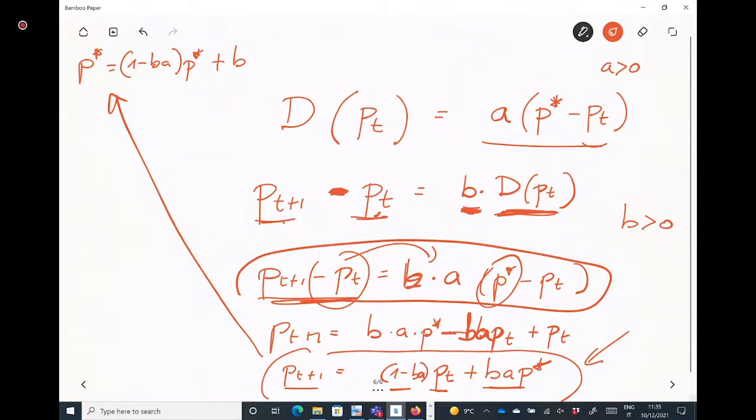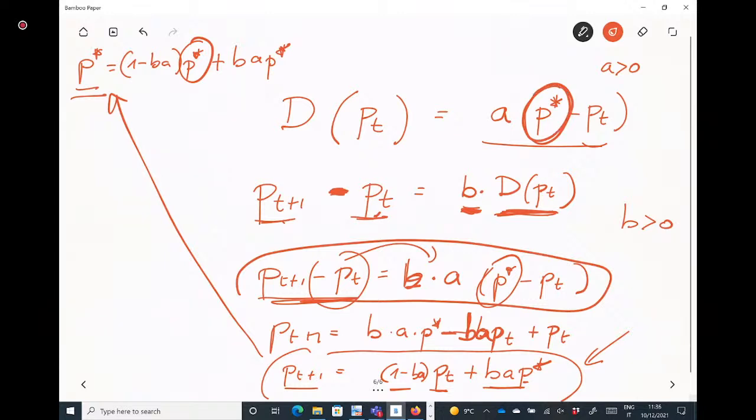Okay, then if you set, in order to compute the steady state, here you have 1 minus BA P star plus BA P star. So minus BA P star, you get an identity: P star is equal to P star, the parameter that appears here.